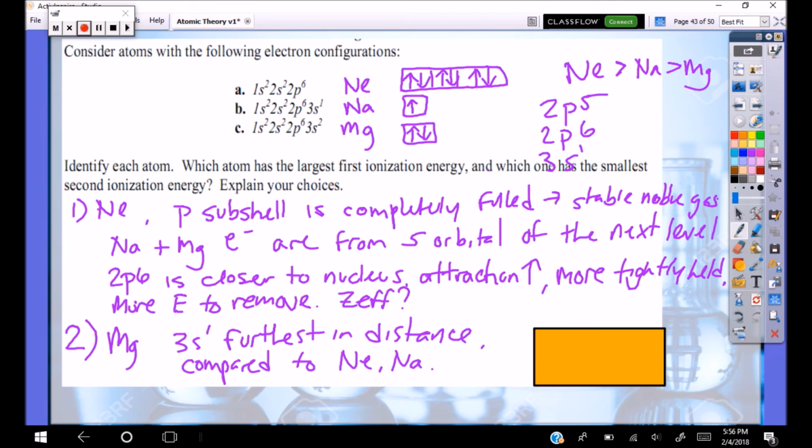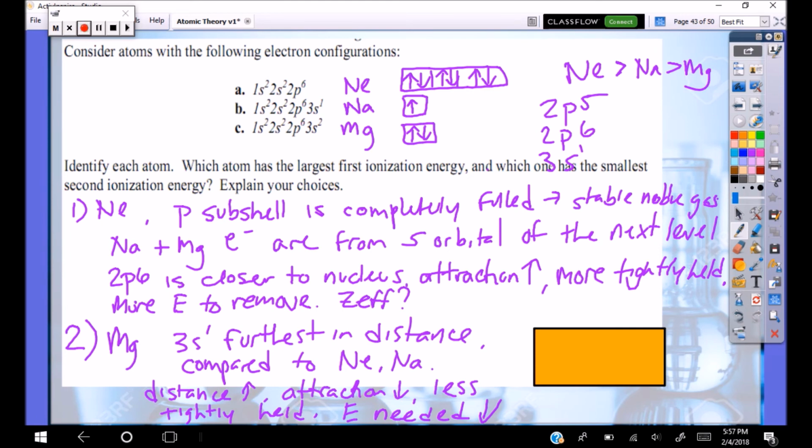And since it is furthest in distance, so distance is greater, then attraction is less, therefore less tightly held, right? And then energy needed would decrease. So it would be the smallest.